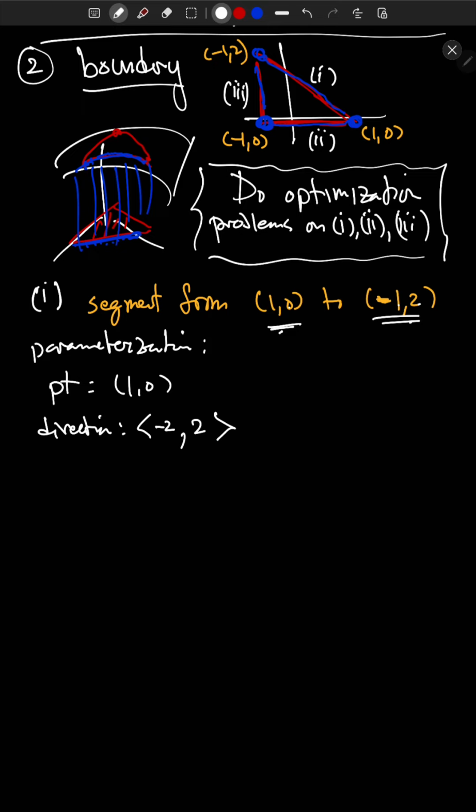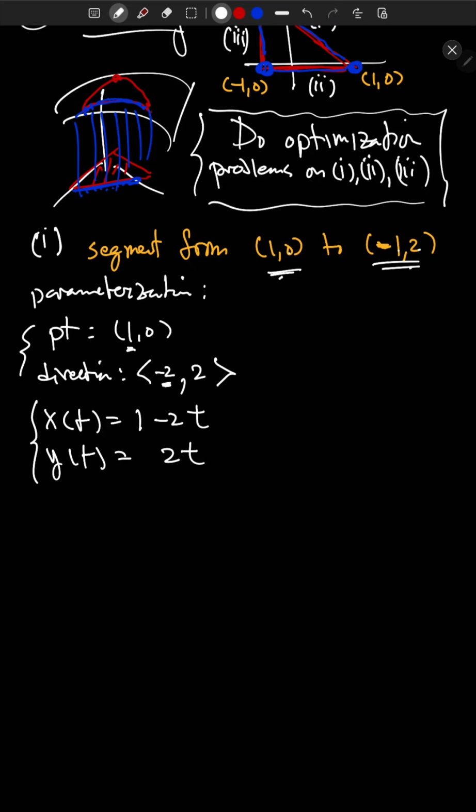I take 2 minus 0 for my y coordinate, and -1 minus 1 for my x direction, so -2 here. So my parameterization is x of t equals 1 minus 2t, because of that -2 in the direction vector, and y of t equals 0 plus 2t, so just 2t.